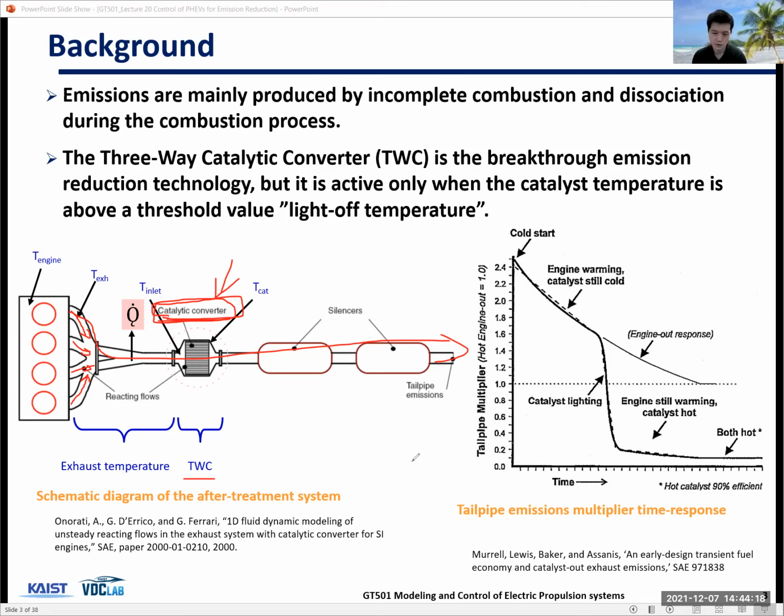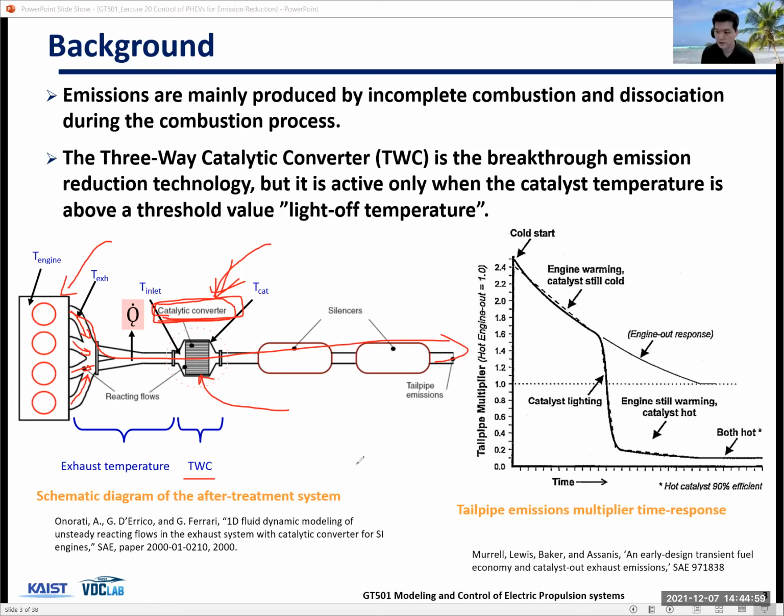So the goal of engineers back in the 1990s, and still, is to warm up this converter using minimum fuel, meaning that we want to activate this converter as soon as possible.